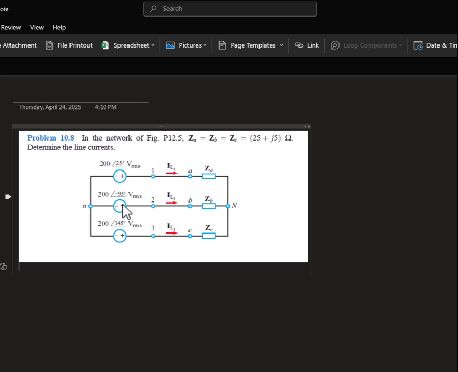Is it because of the impedances? Because it's just ZA equals one. What if it was like ZAB? Would that signify delta? No, because the impedances are always just going to have the one letter.